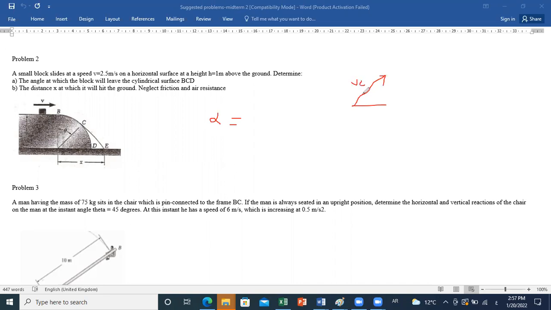And this is the angle with the horizontal, alpha. Okay? That was what I meant. If the velocity is like this, then alpha is minus theta. I replace in the equation, instead of alpha, I put minus theta. Okay?